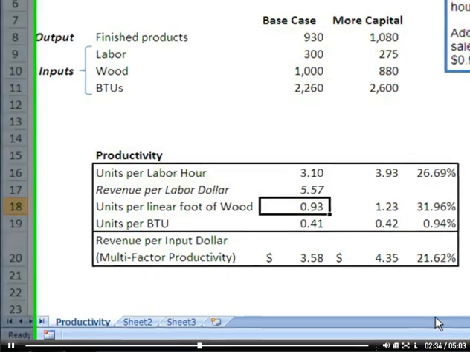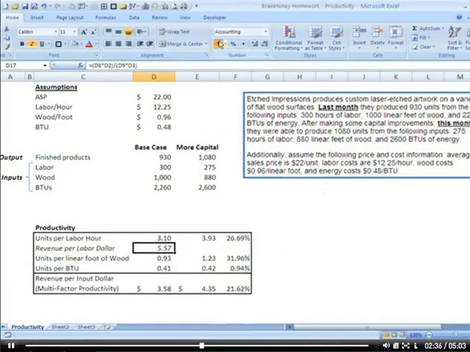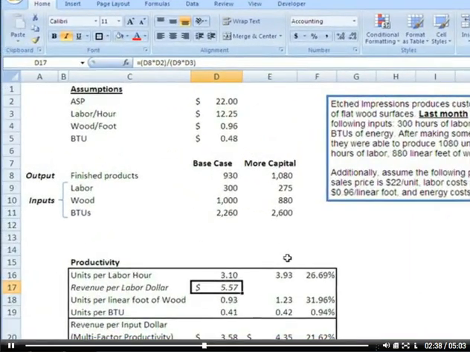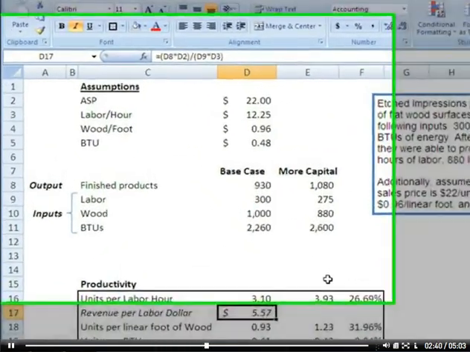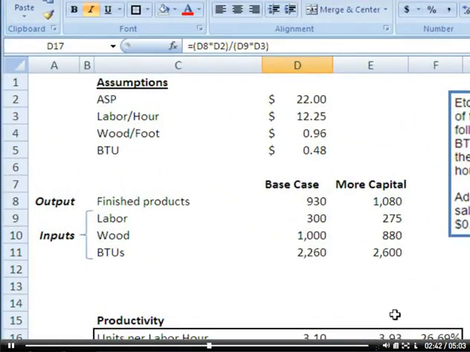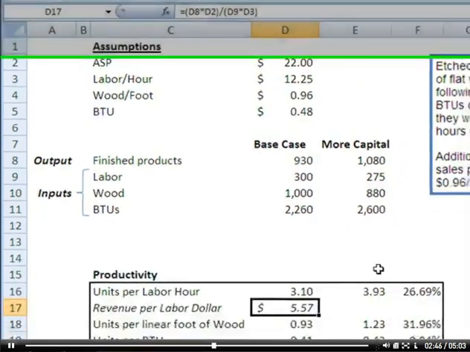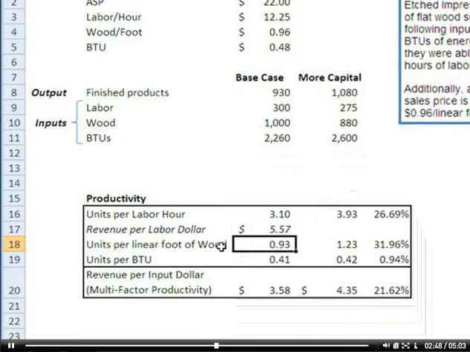And so in this case, this tells us that for every dollar we put into labor, we get $5.57 of revenue.